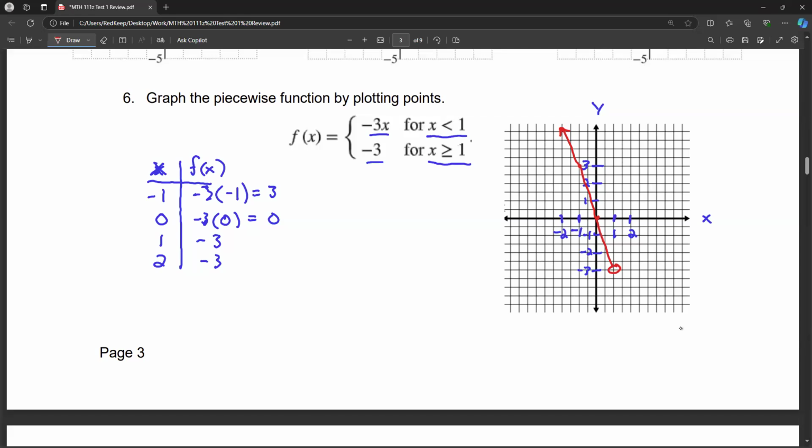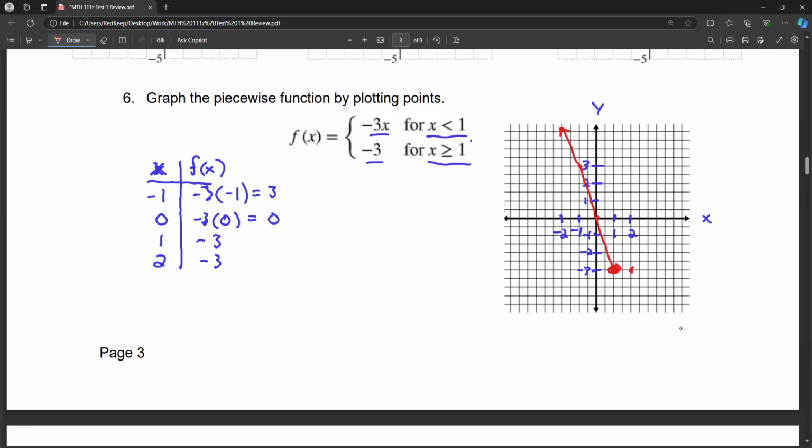Okay, and so now let's go ahead and move on to plotting the next 2 points. The next point is x equaling 1, and the output is negative 3. So this point here is kind of a large open circle, but I can go ahead and plug that in, right? We saw that in our table of values that I drew up. And the next value that I have here is positive 2, and the output was again negative 3.